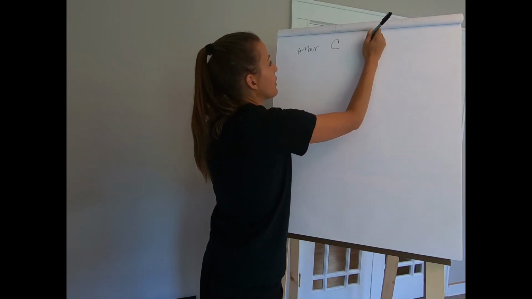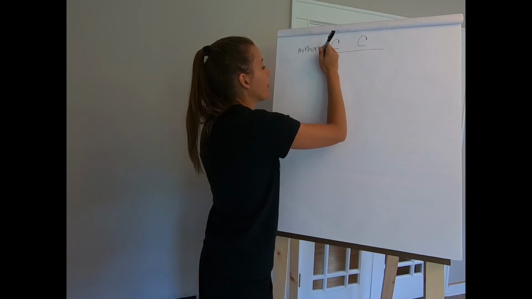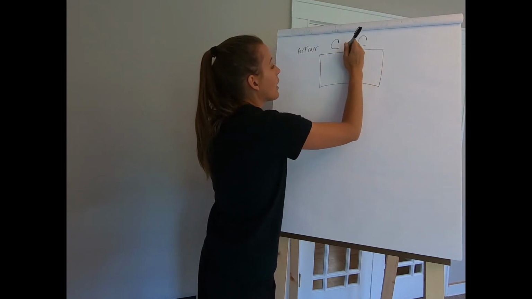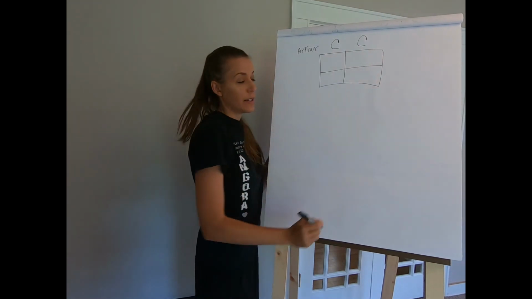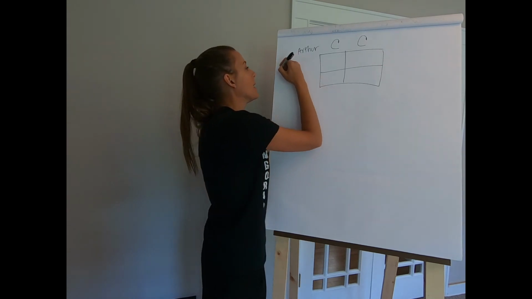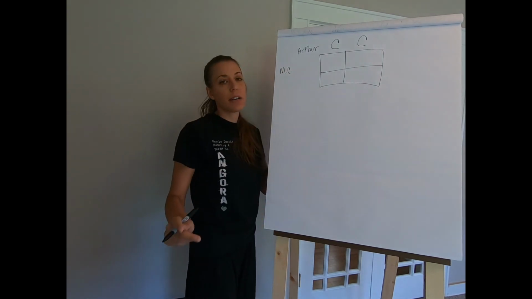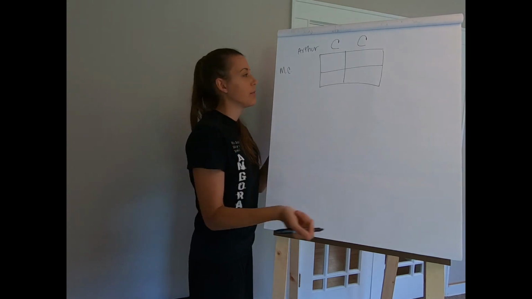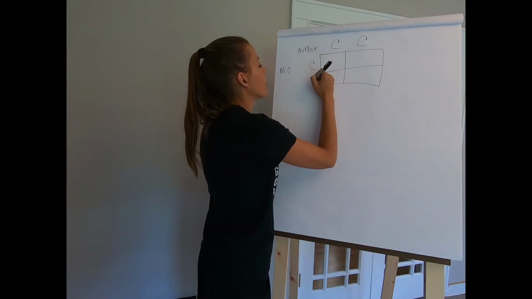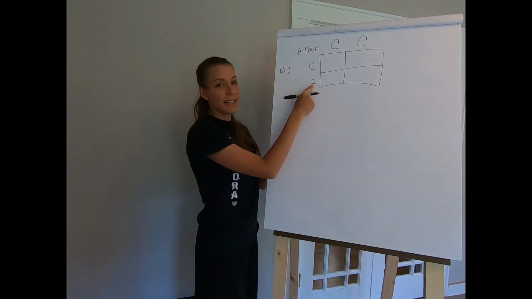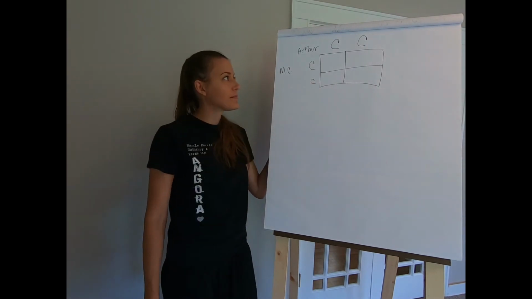That means 2 big C's for Arthur. He does not carry the red-eyed white gene. I know Mariah Carey does carry 1 red-eyed white gene, 1 little recessive red-eyed white gene.